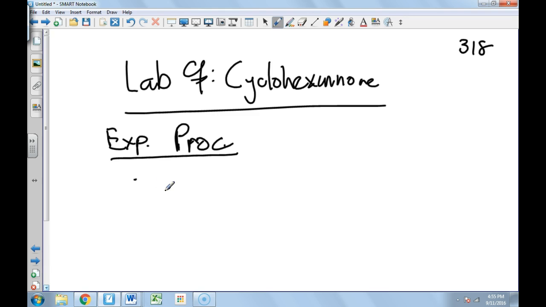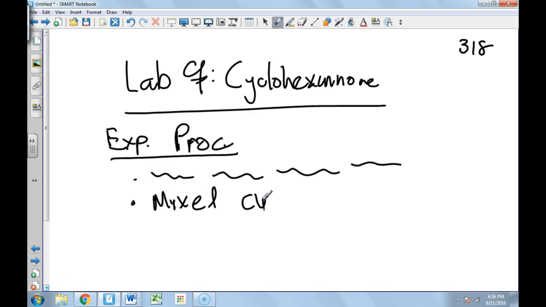What you need to do is write the things that you used, the quantities and observations right then and there. So you're going to say obtained personal protective equipment, mixed cyclohexanone, and then if you want to put parentheses, like 38.1 milliliters.